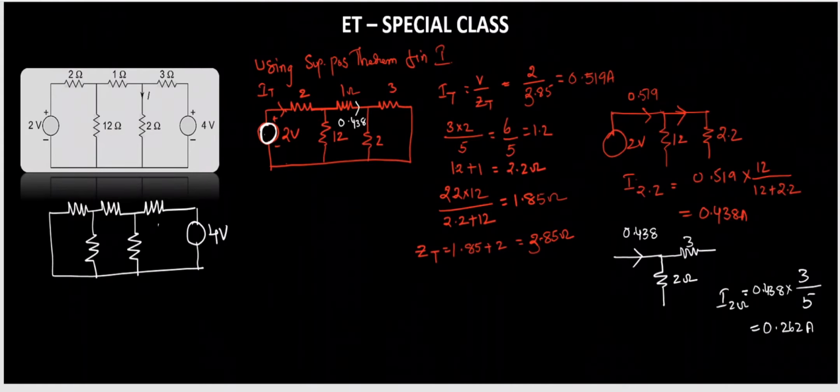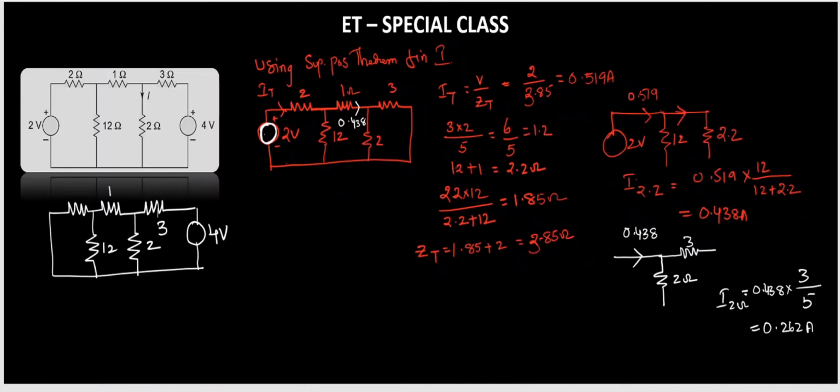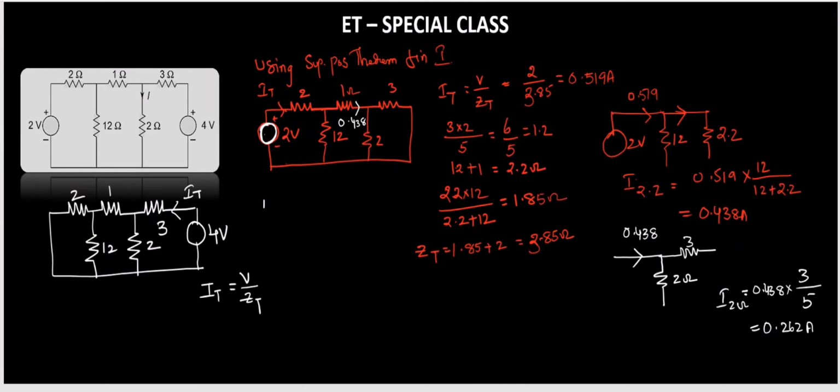So here also you have to find IT. So IT is equal to V by ZT. So what is ZT? See here, 2 and 12 are in parallel. So first step is 2 into 12 divided by 2 plus 12.